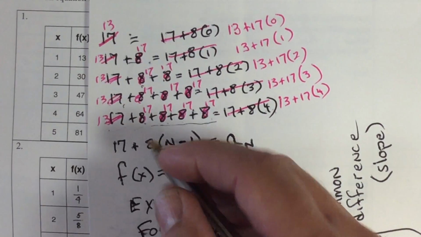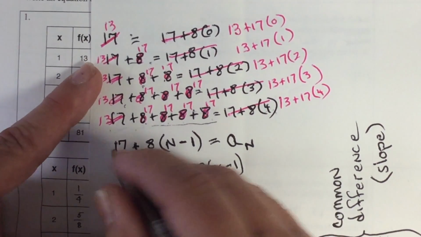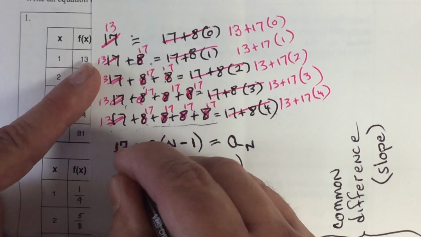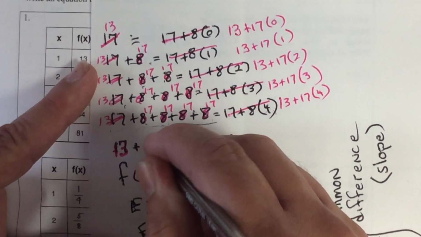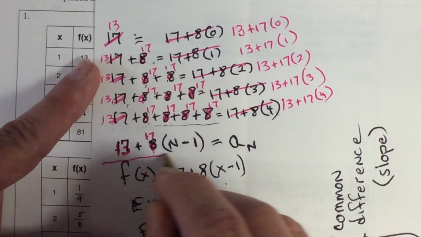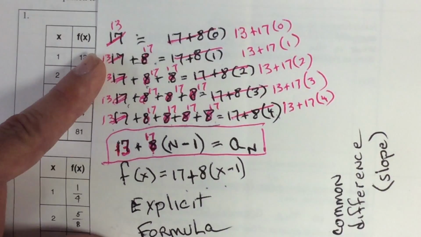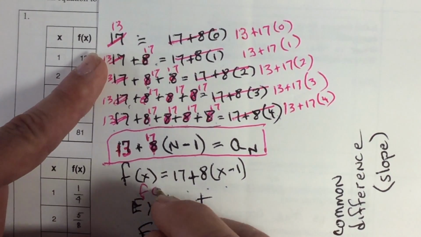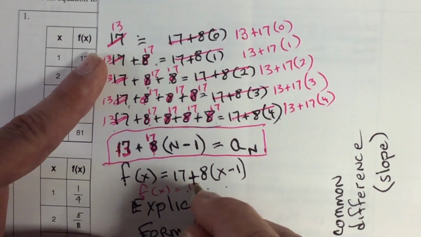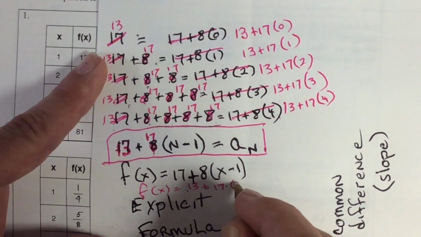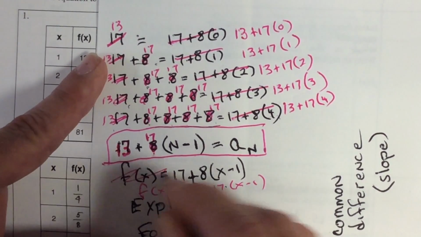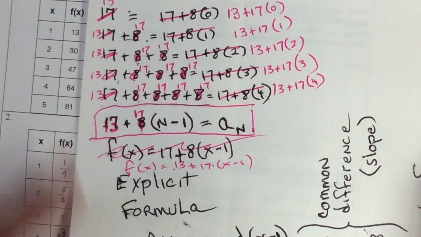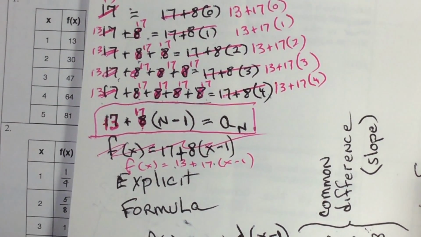In the end, what that really means is that instead of 17 here, I have 13. And instead of 8, I have 17. And that's the explicit formula for this function. For this one, it's f of x is equal to 13 plus 17 times x minus 1. All I had to do was remember the pattern that I had and recognize which numbers are going in for which numbers.